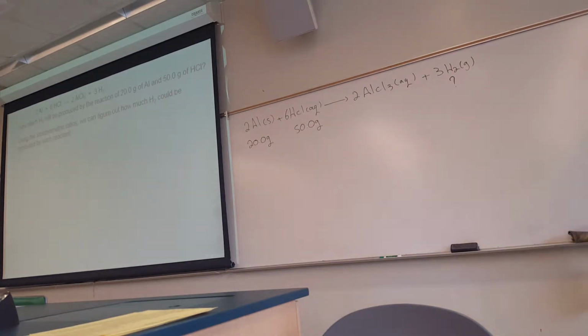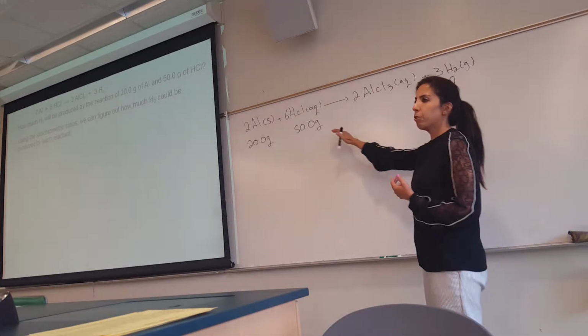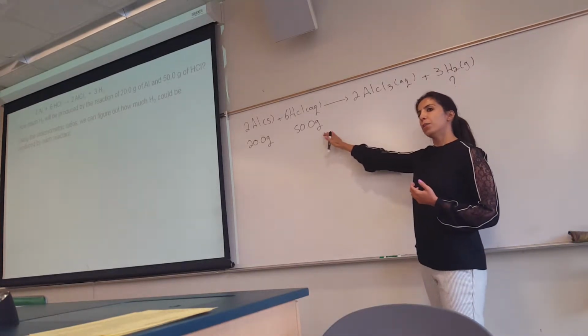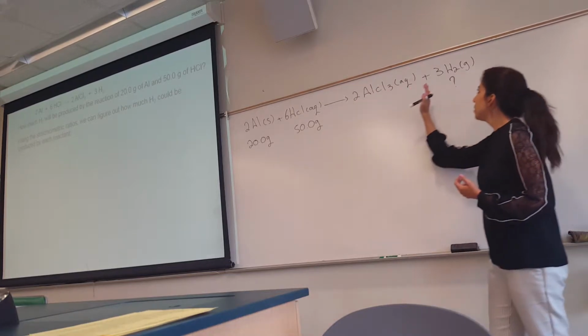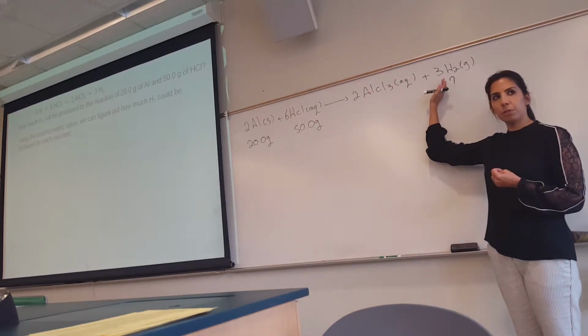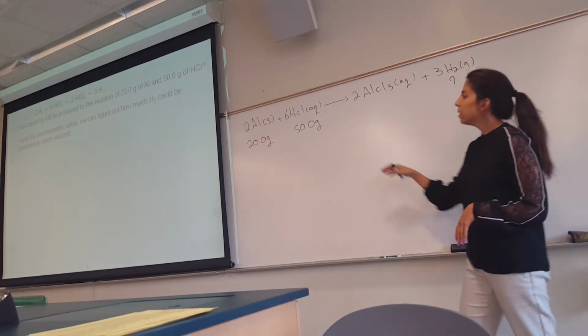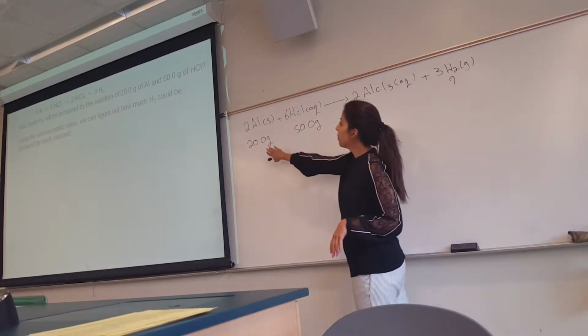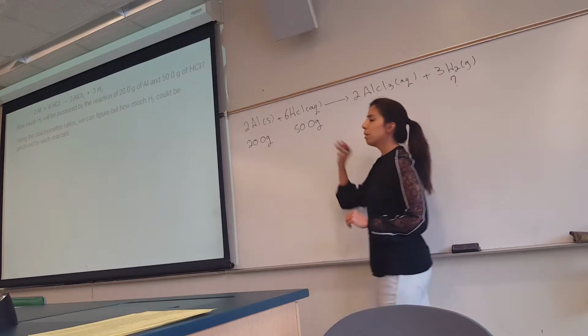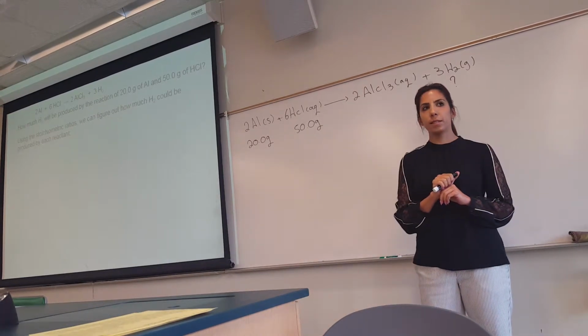So, in a flask, I combine 20 grams of aluminum with 50 grams of hydrochloric acid. And I want to know how much hydrogen gas would be produced, or the maximum amount of hydrogen gas that can be produced from the reaction of 20 grams of aluminum with 50 grams of hydrochloric acid.